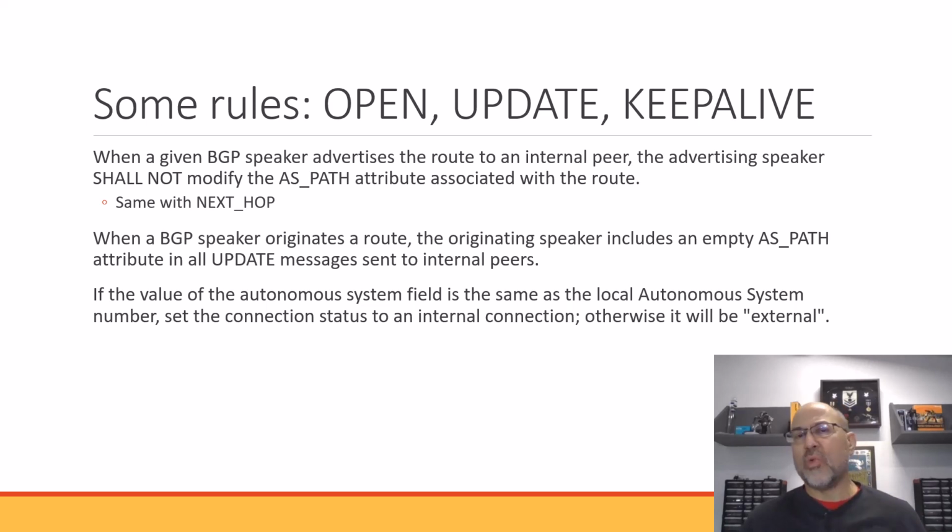And because we know who our internal peers are, we know that this route is going to be internal versus external. If it's an external route, you're going to get an autonomous system number on it, you're going to get an AS path, and you're going to get the proper forwarding router IP address or next hop. If it's internal, we're going to zero out some of that information because it's inside this AS, there is no AS path to get there.